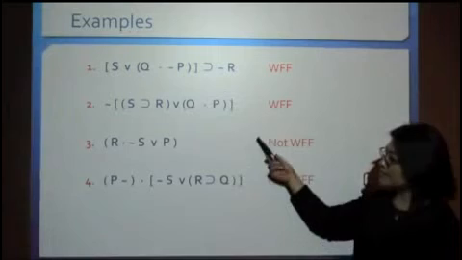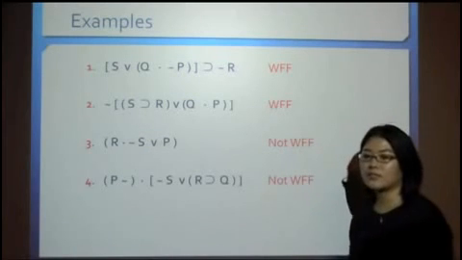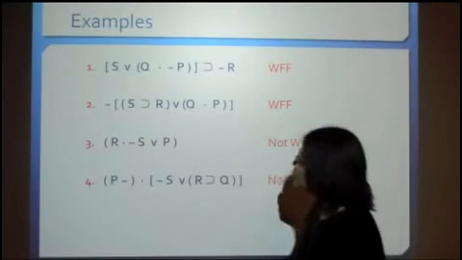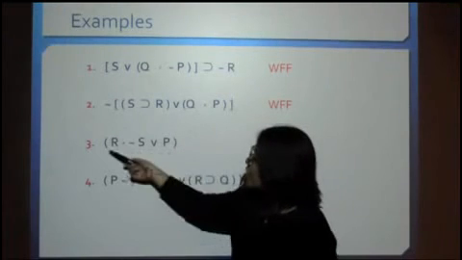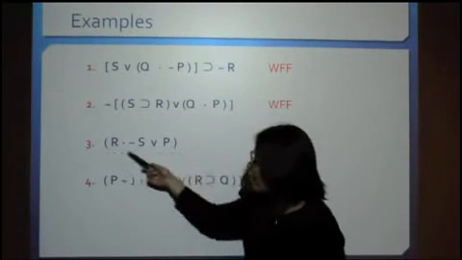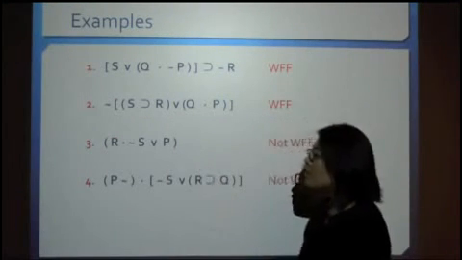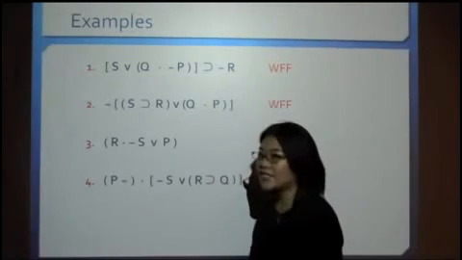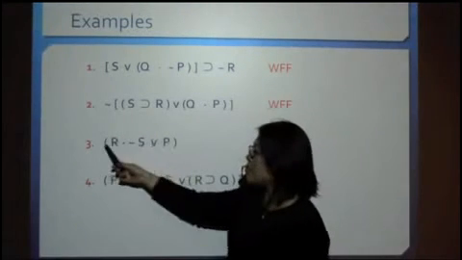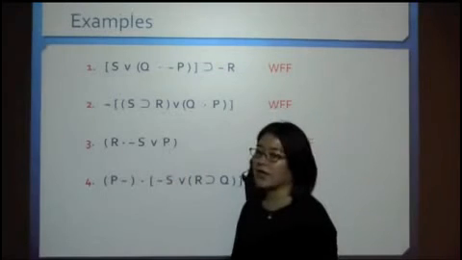Now, these two statements are not grammatically correct statements in propositional logic, okay? So here, what is wrong with this? Okay, why is it not a well-formed formula? Well, first of all, you have an issue with the parentheses being used inappropriately, okay?